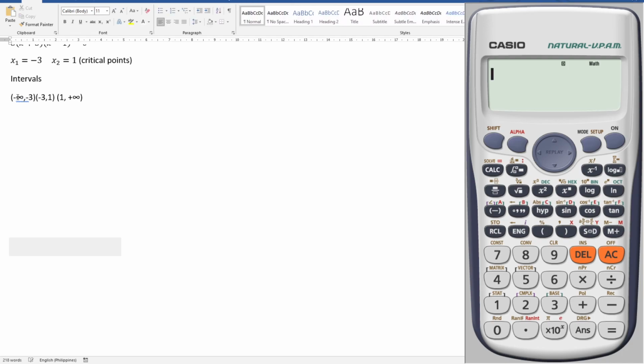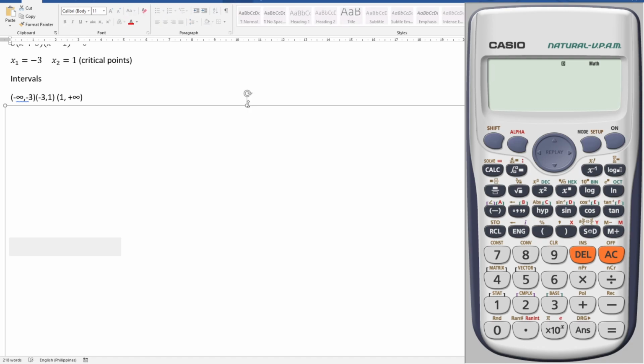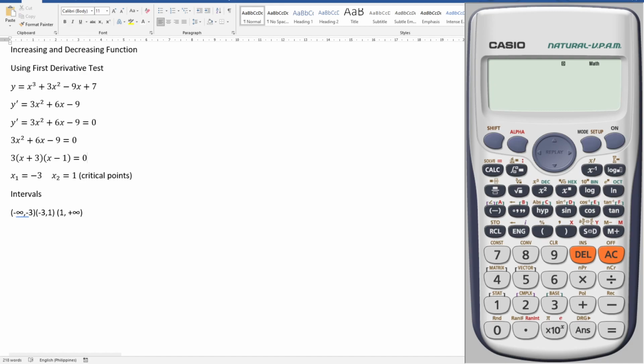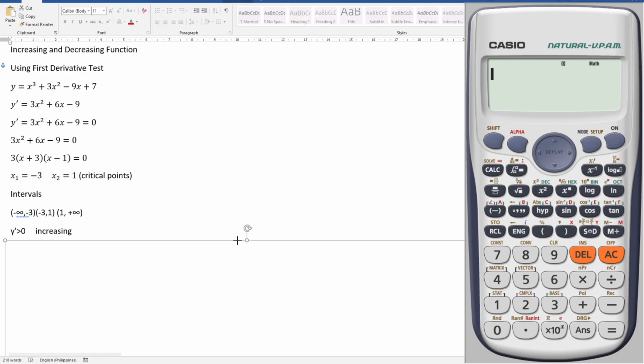Mamili tag value within negative infinity to negative 3, negative 3 to negative 1, negative 1 to positive infinity. And then isubstitute nato sa first derivative. If your first derivative is greater than 0, then your function is increasing in that interval. Kung naman it is less than 0 or would have a negative sign, so that function is decreasing in that interval.